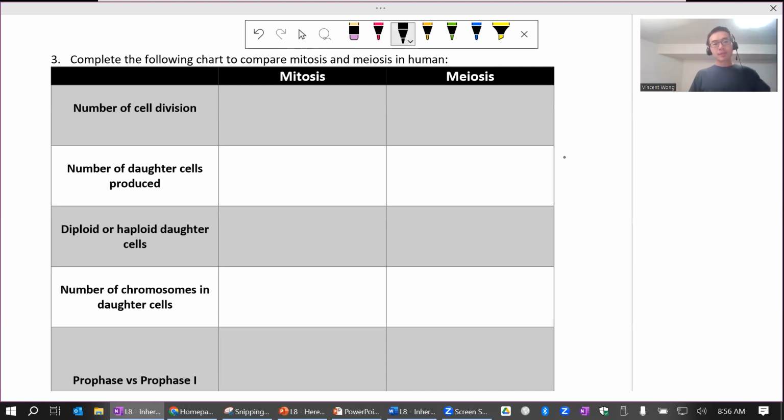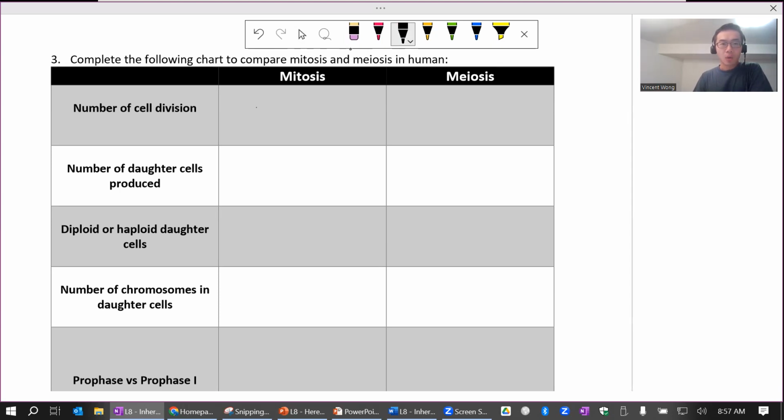In mitosis, how many times does the cell divide? In the process of mitosis, how many times does the cell divide? How many times does it split? Uh-oh, that's a simple question.